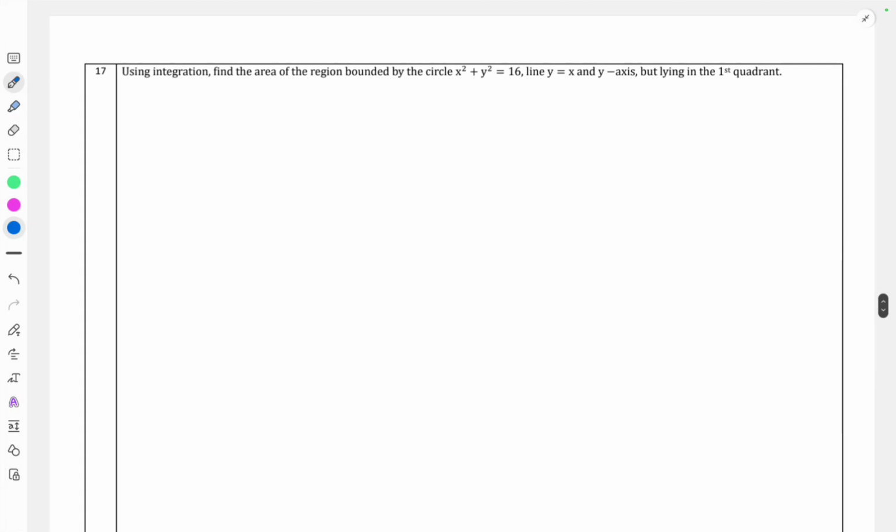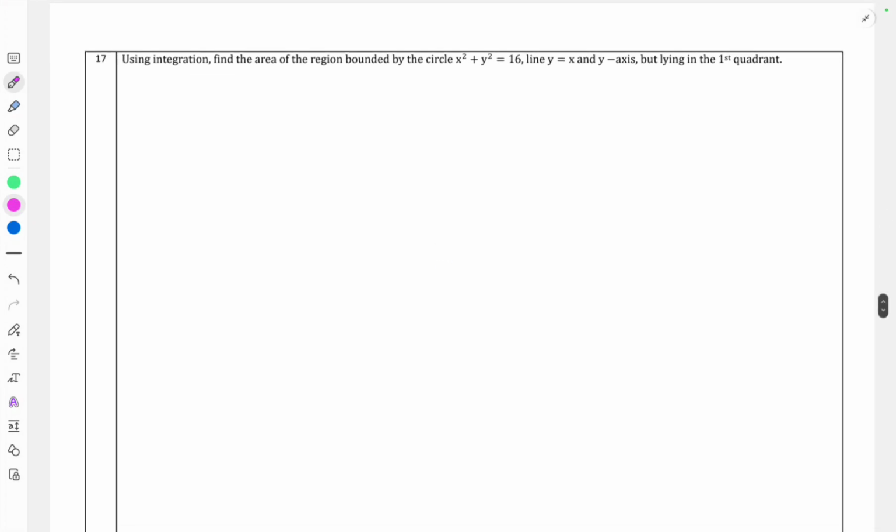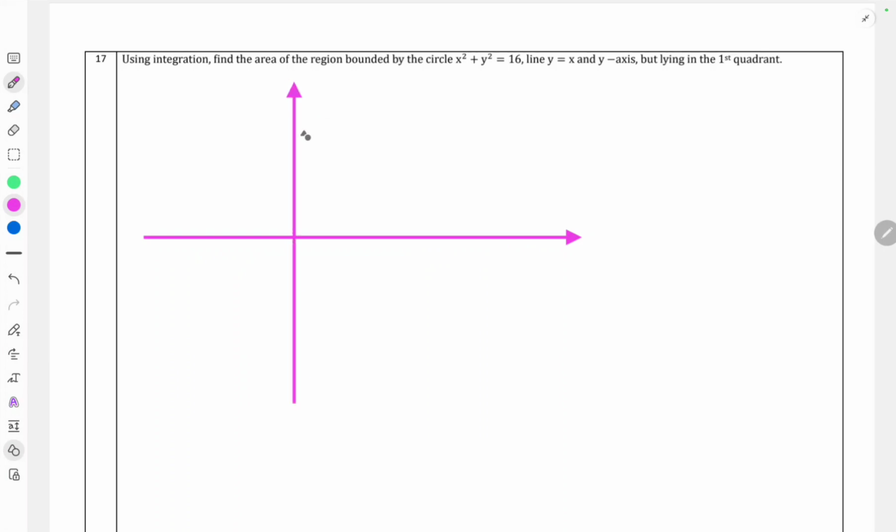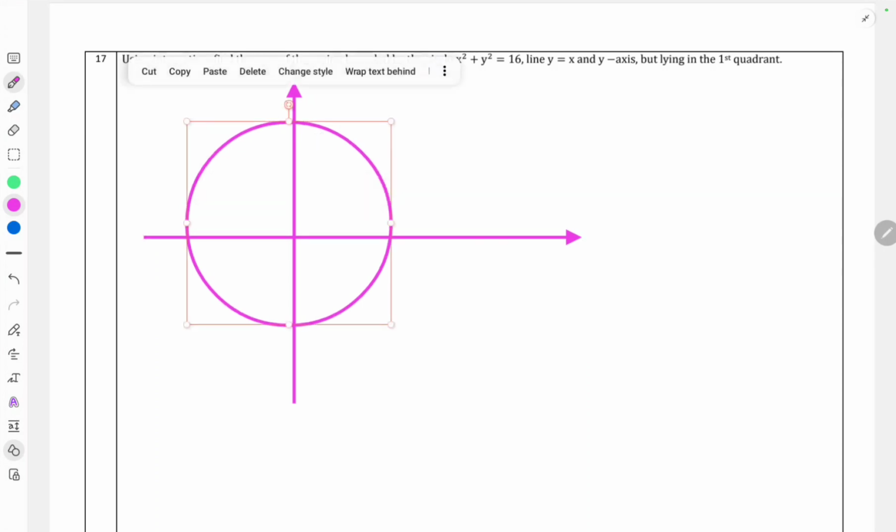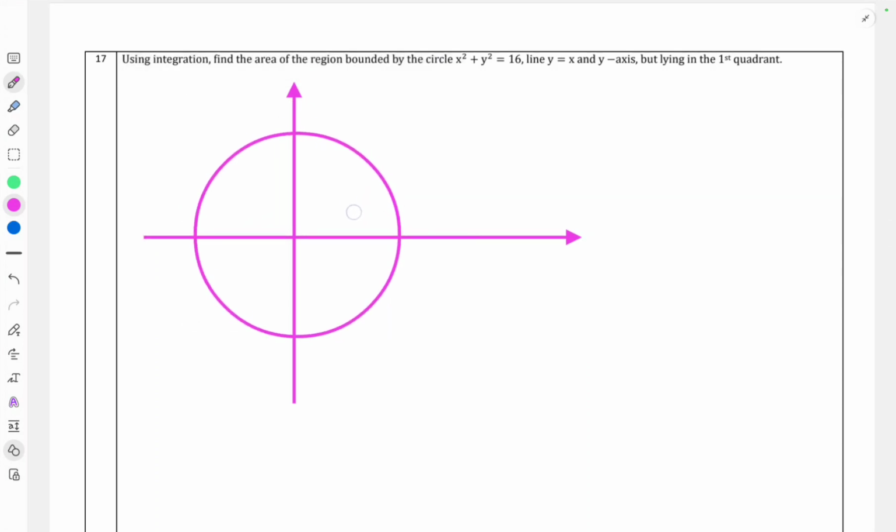And now coming to the 17th question. Using integration, find the area of the region bounded by the circle. So first we have one circle, x square plus y square equal to 16, center is at the origin, and y equal to x.